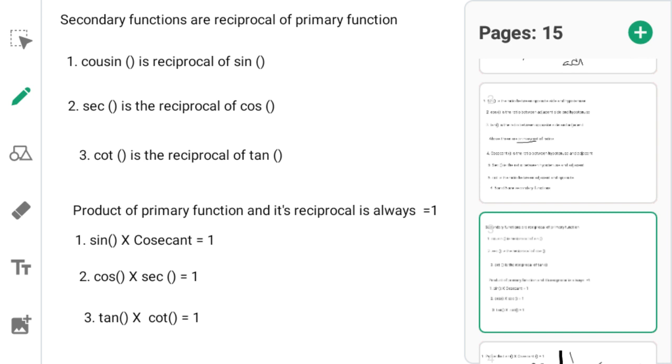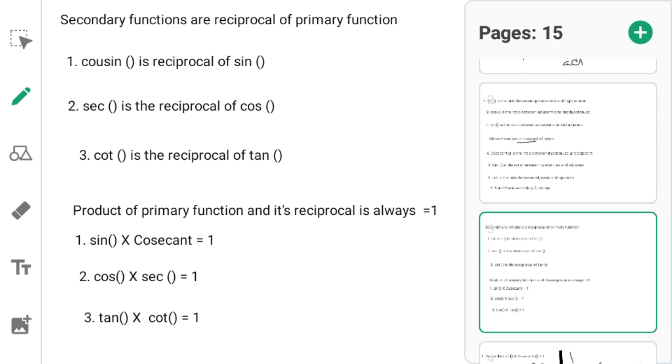Cosecant theta is the reciprocal of sine theta, that means fourth is the reciprocal of first. Secant is the reciprocal of cos theta, fifth is the reciprocal of second, and cot theta is the reciprocal of tan theta, sixth is the reciprocal of third. When you multiply the basic ratio and the reciprocal ratio, the product will be 1.